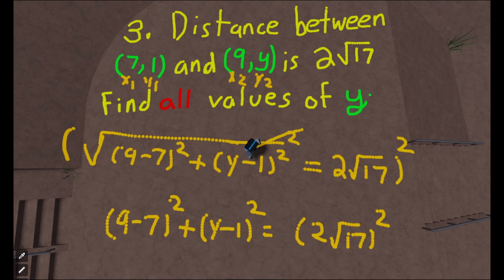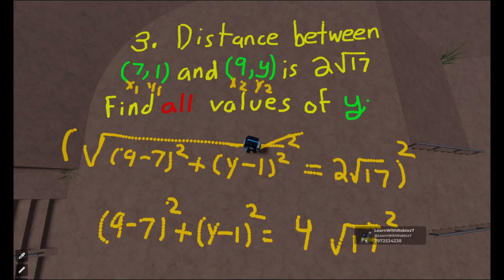To simplify the right hand side, that's just equal to 2 squared times the square root of 17 squared, because the square root distributes to both of those terms. 2 squared is just 4, and then square root of 17 squared is just equal to 17. So this is just 4 times 17, and 4 times 17 is just 68.